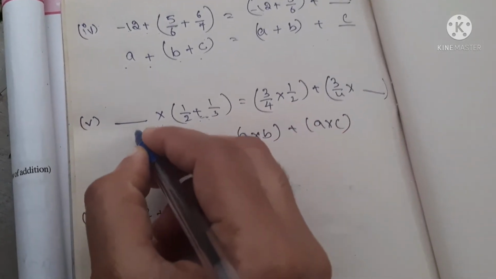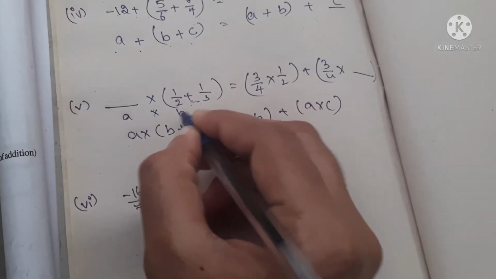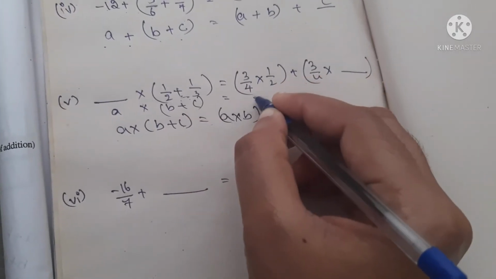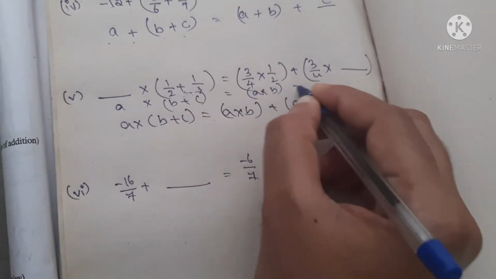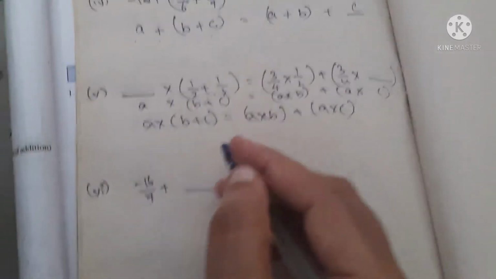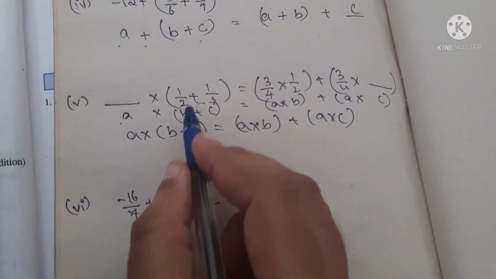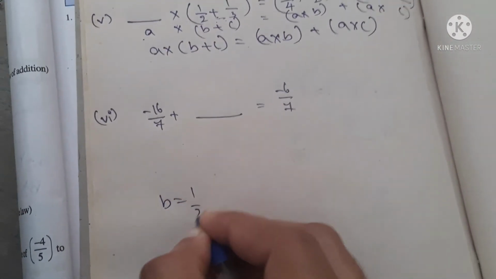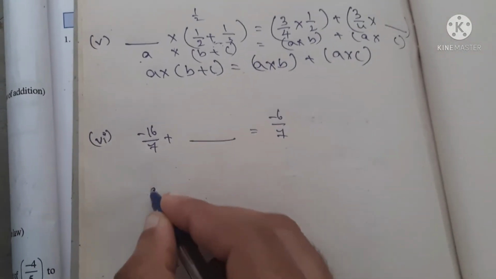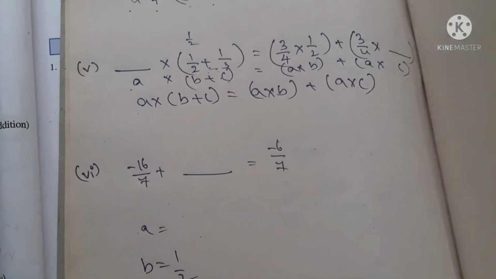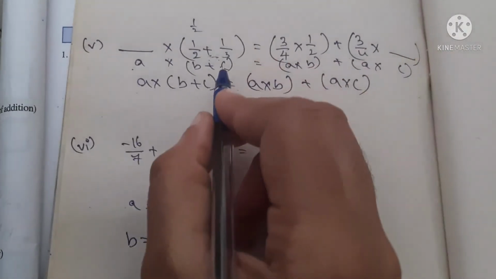So let us write this. A into B plus C equals A into B plus A into C. Is it clear? A value is not given, B value is 1 by 2, and C value is 1 by 3.